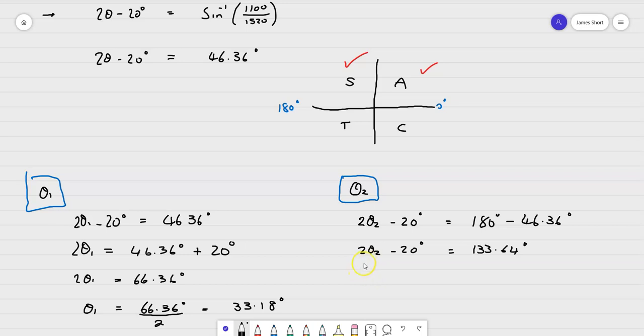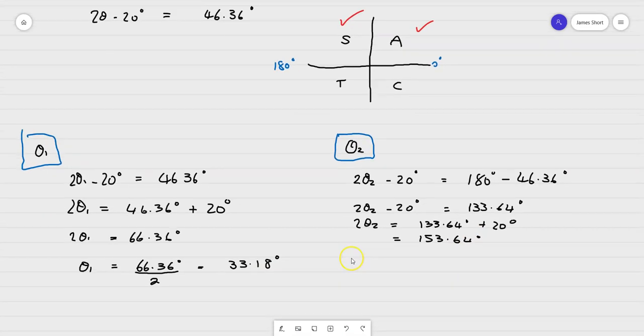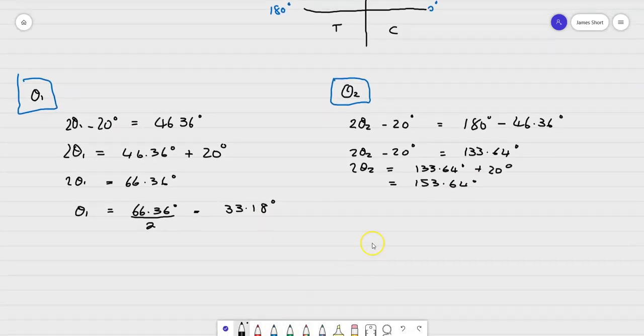Now we'll take the 20 degrees over, so that leaves us with 2 theta 2 is equal to 133.64 degrees plus the 20, and that gives us 153.64 degrees. Finally, we'll take the 2 to the other side, so that's theta 2 is equal to 153.64 degrees all over 2.